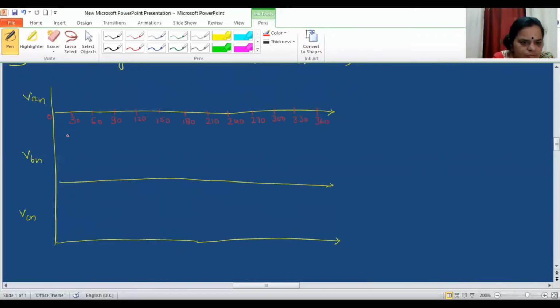So this is how we need to extend the time. Dear friends, I am making these waveforms freehand, but when you make them, you are supposed to use a proper scale. I will make VAN in green color, VBN in white color, and for VCN I will use yellow.